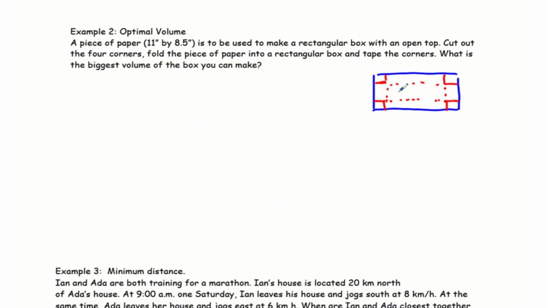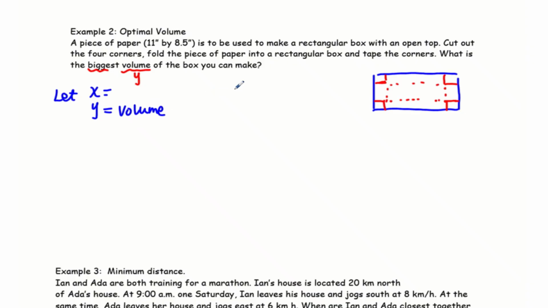Then you will have a rectangular box. So it asks you what's the biggest volume. This is what we are looking for. Whatever comes after that is our y value. So we are going to introduce: let x represent, let y represent its volume.